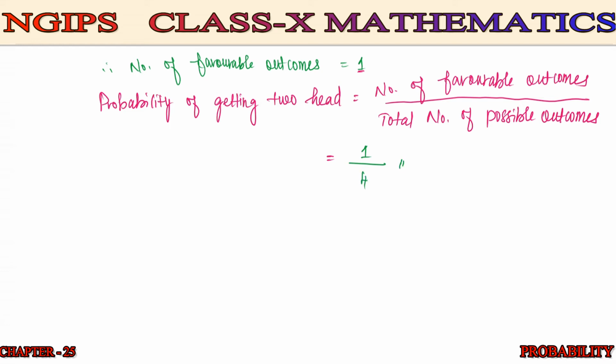Next the second sub question, here we need to find favorable outcome. Favorable outcome is equal to getting at least one tail.